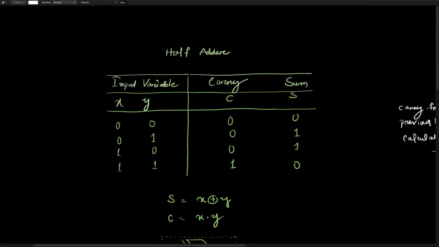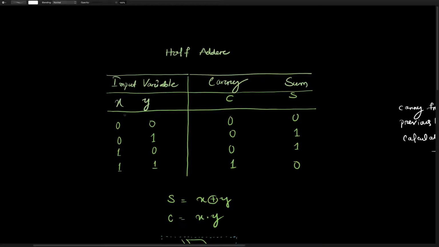We're going to design a combinational circuit that will take x and y as input and give you the summation of these two input bits. In some cases we may have a carry, so we also have another output, C.